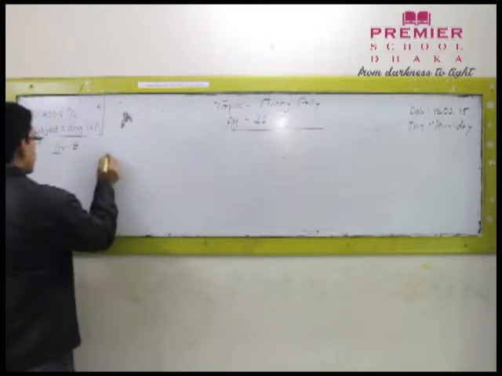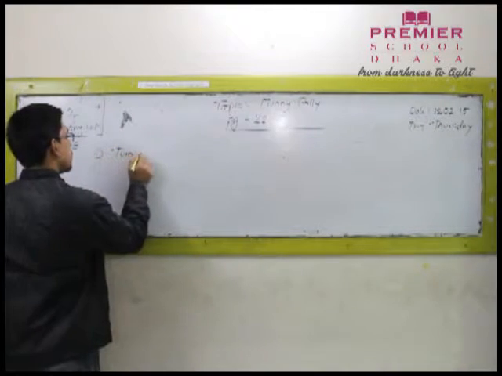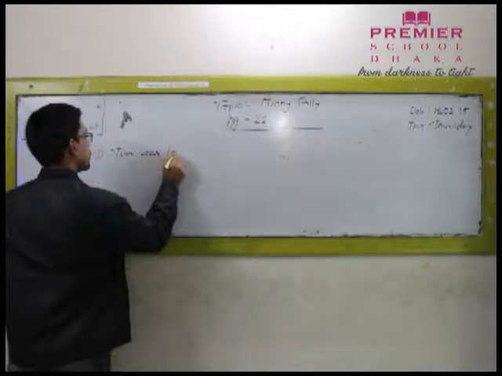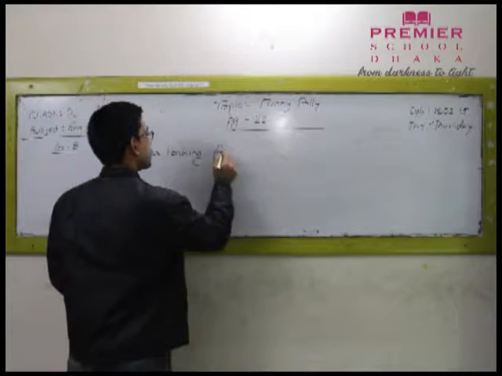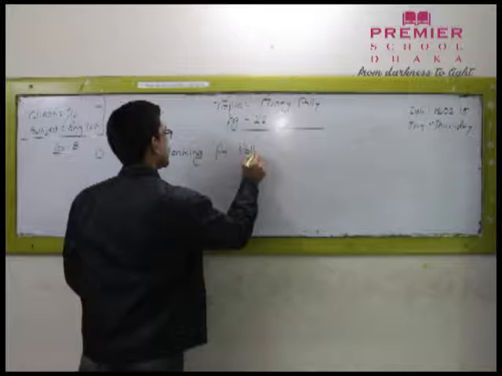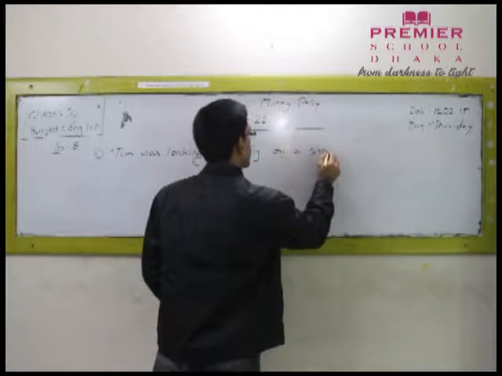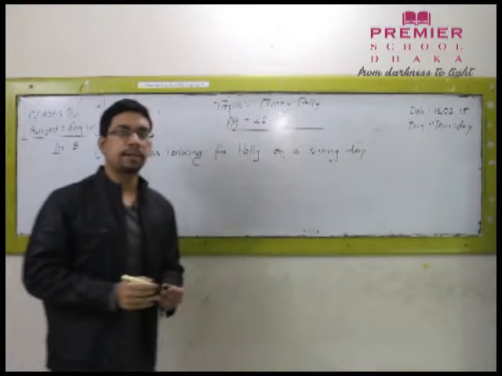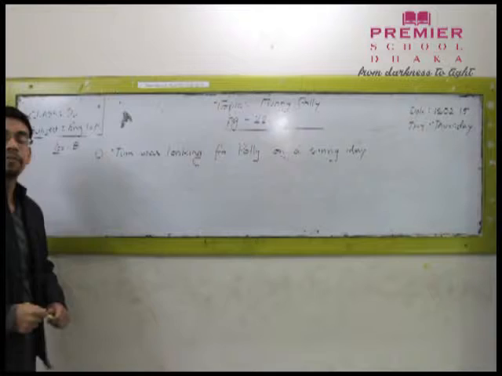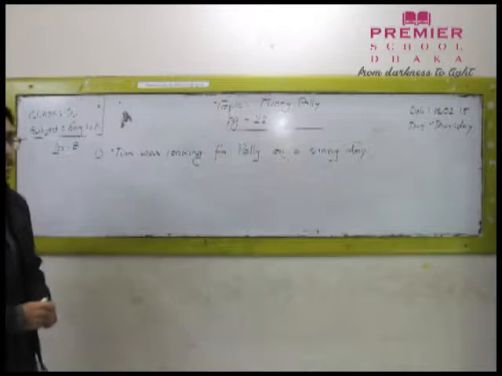So the answer one would be: Tom was looking for Polly on a sunny day. There goes the first answer for the first question. Tom was looking for Polly on a sunny day.